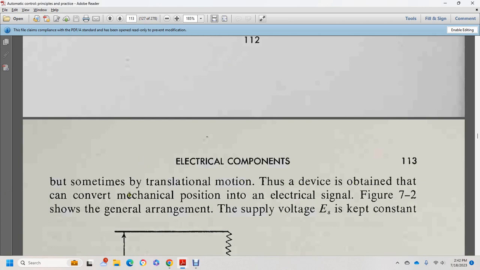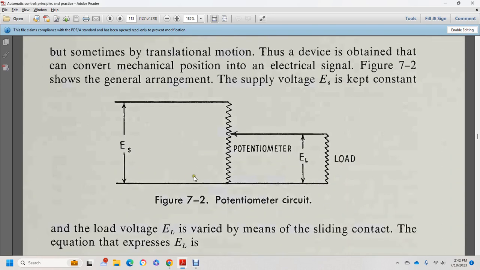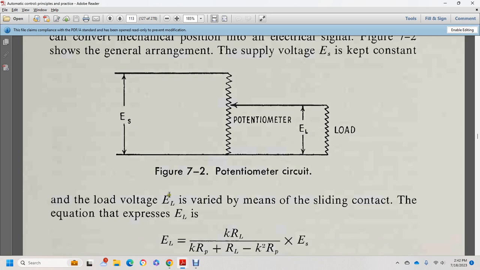Figure 7-2 shows the general arrangement, where the supply voltage E subscript S is kept constant. So E is the supply voltage, potentiometer, and E load. The load, subscript L, is varied by means of the sliding contact, with the equation expressed as load voltage.